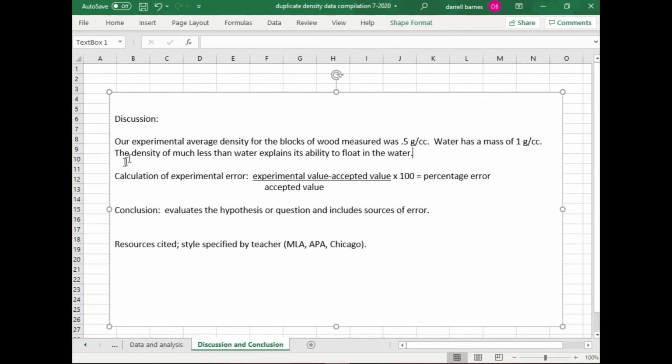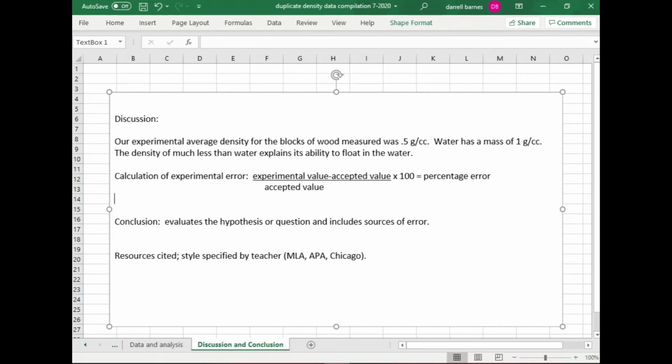Conclusion. After calculation of experimental error, let's say this. Each experimenter could do an experimental error on their individual data.